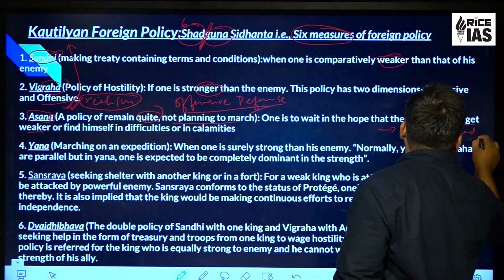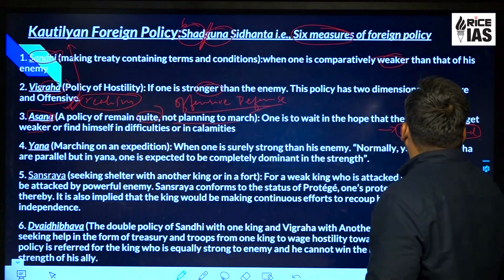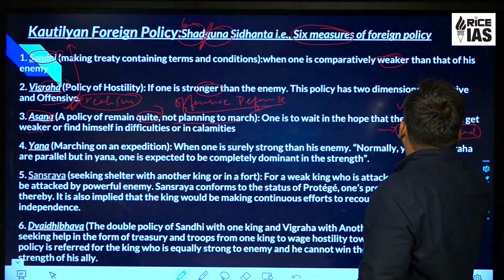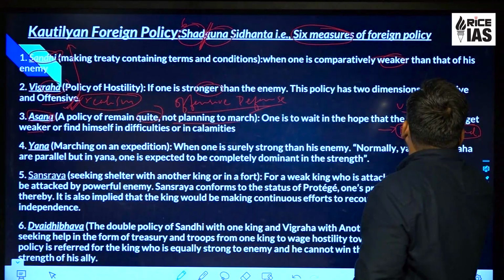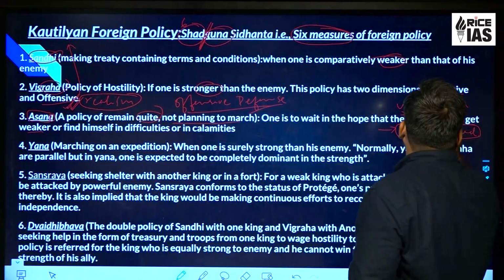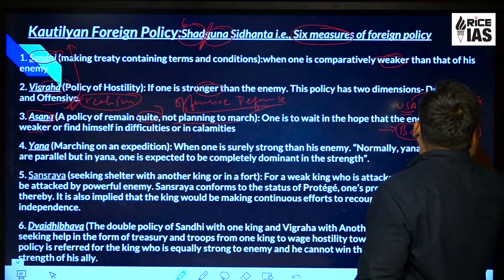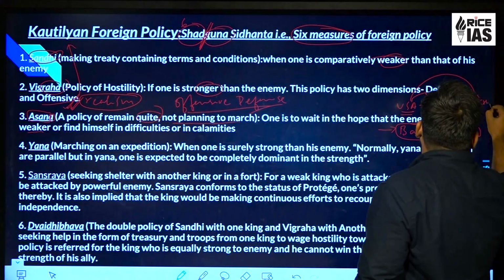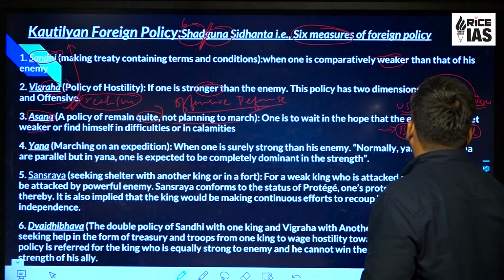This is what USA is trying to do with Russia today. USA is trying to engage one of the powers, that is Russia, in a war with Ukraine, and USA is supplying ammunitions to Ukraine so that Russia keeps on bleeding.